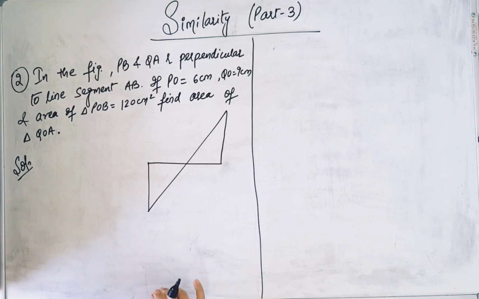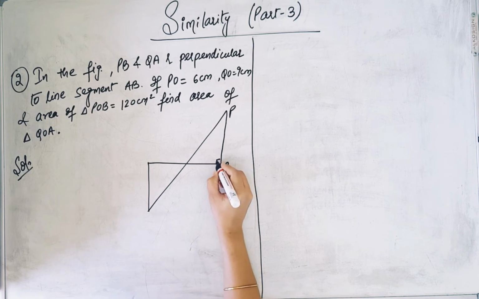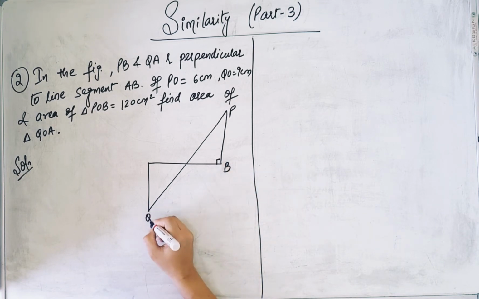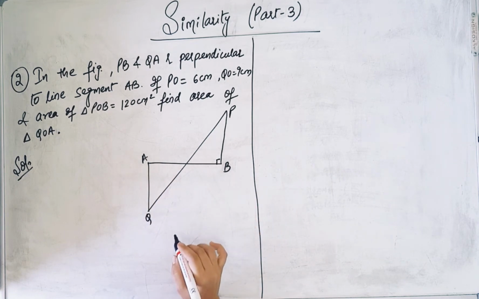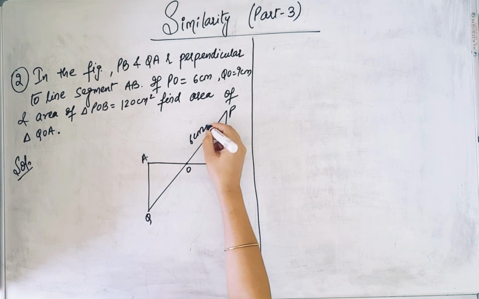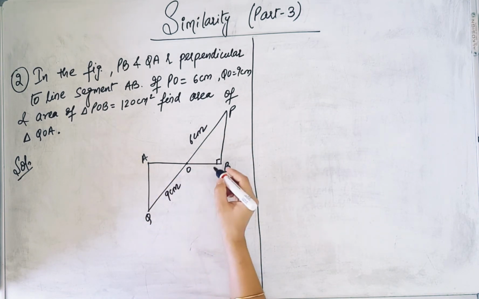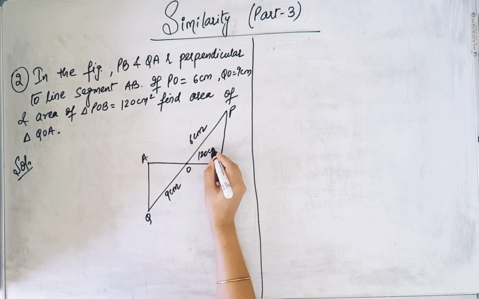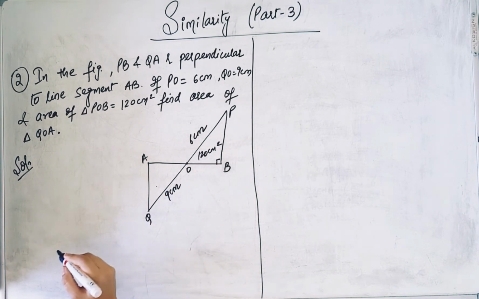So now the question is, in the figure PB and QA are perpendicular to the line segment AB. If PO is 6 centimeter and QO is 9 centimeter, area of triangle POB is 120 centimeter square, find area of triangle QOA.